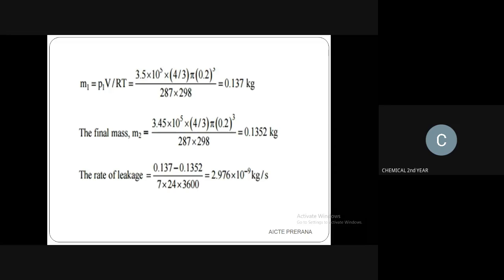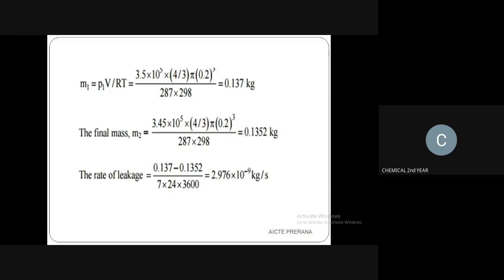Then the rate of leakage. What do you mean by leakage here? It is how the pressure is getting decreased. Consider a rubber ball. Very minute pores will be present in every object, like your dress, which is also synthetic material.